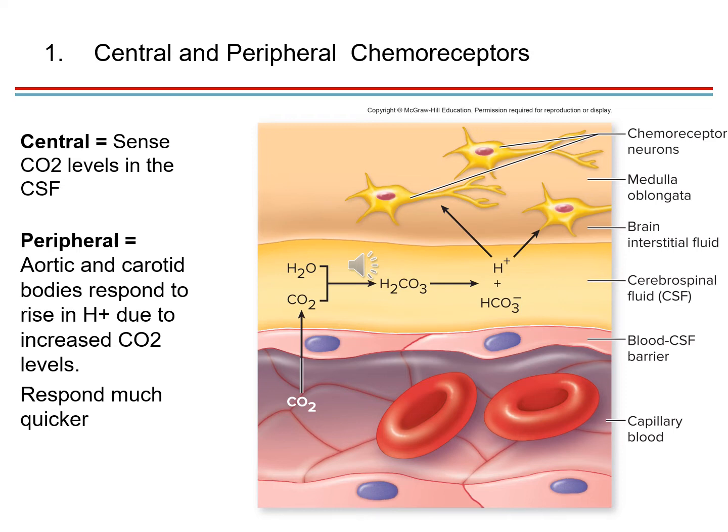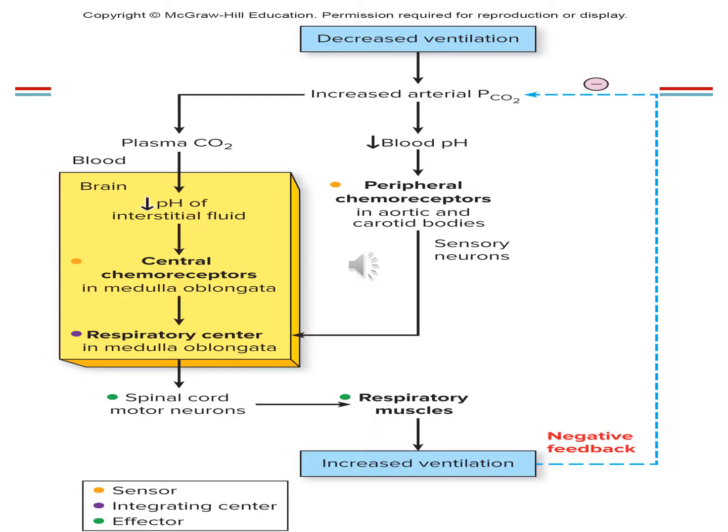The important thing about it is that it doesn't matter if the central chemoreceptors are more sensitive to carbon dioxide than hydrogen, and the peripheral are more sensitive to hydrogen than carbon dioxide. Both chemoreceptors sense both hydrogen and carbon dioxide. Please try to follow the pathway while I'm talking. The scenario presented in this graphic is in case we decrease the ventilation.